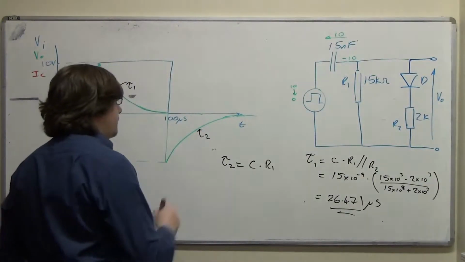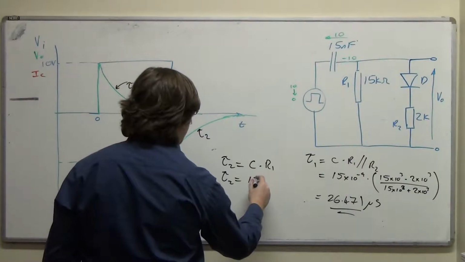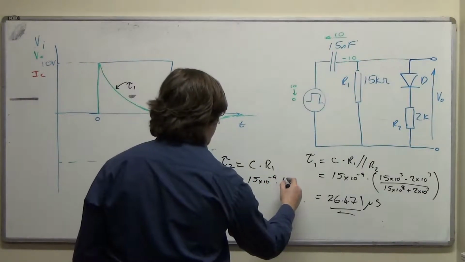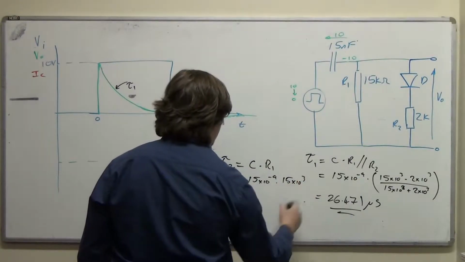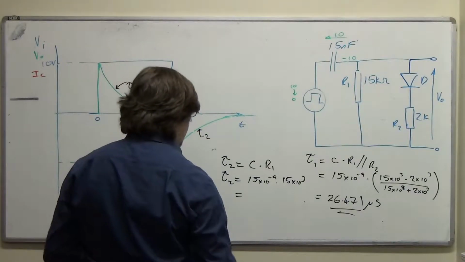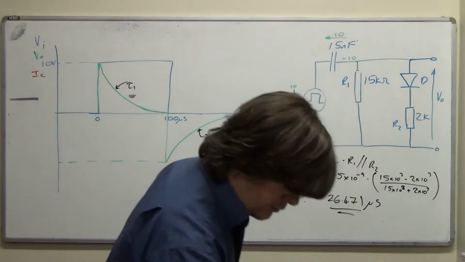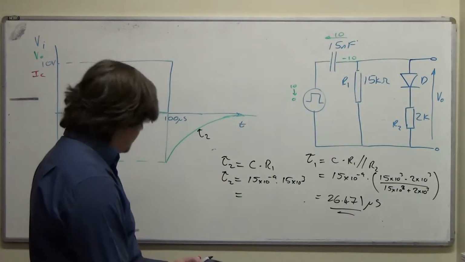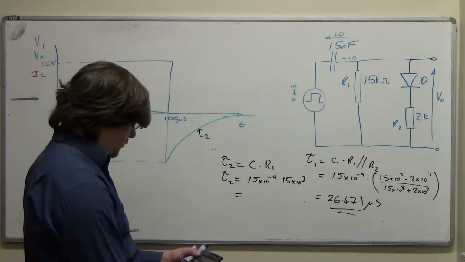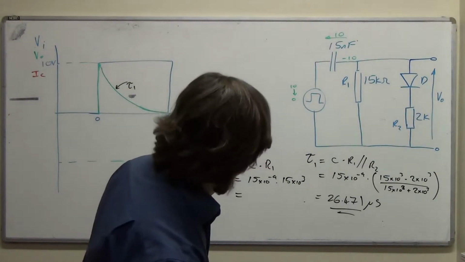So tau 2 is 15 nanofarads times 10 raised to -9 times 15 kiloohms times 10 raised to 3. What's 15 times 15? Don't know the answer to that. 15e minus 9 times 15e3, 225 microseconds.